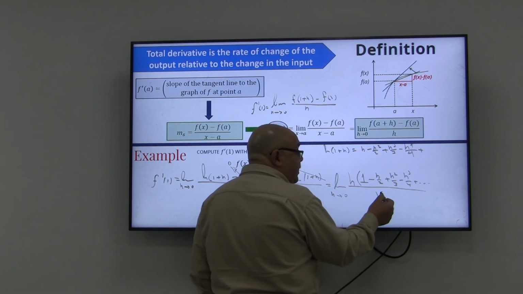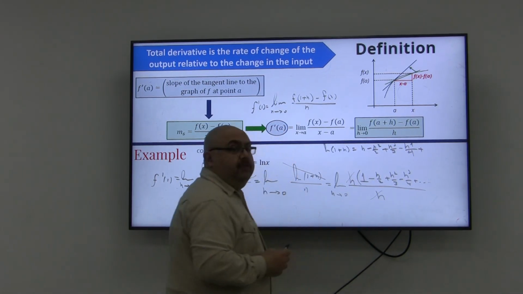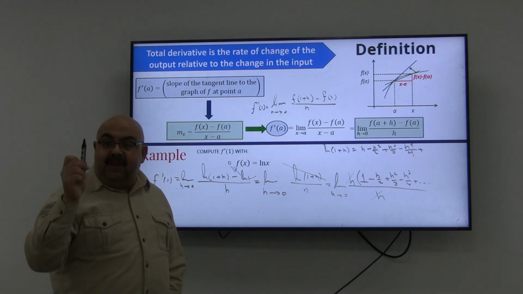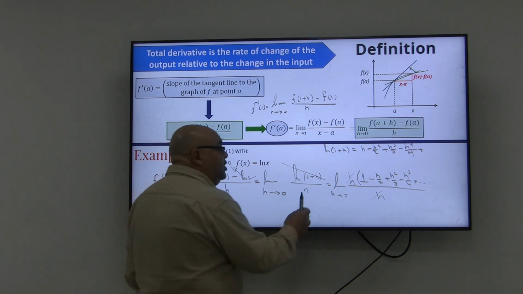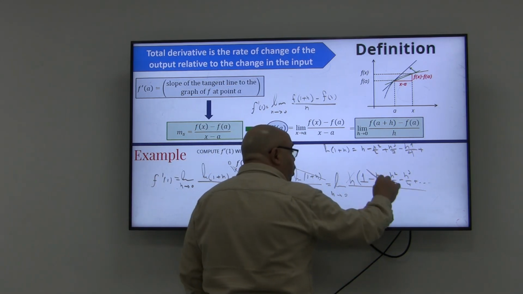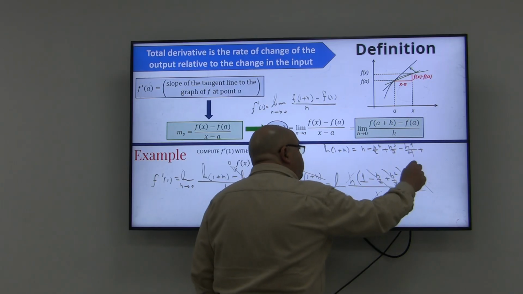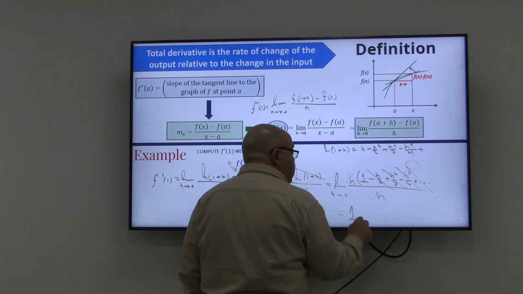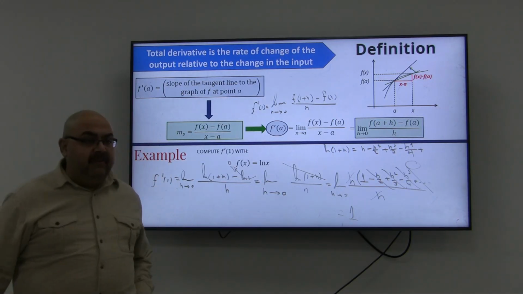Now I can eliminate these two values of h together. And then I can take h tends to 0 and substitute. In this manner, all of these terms are going to be 0. So the limit is equal to 1. This is how to evaluate.